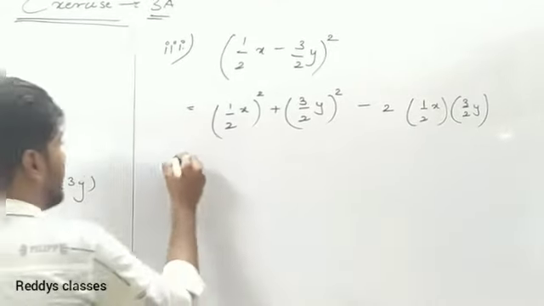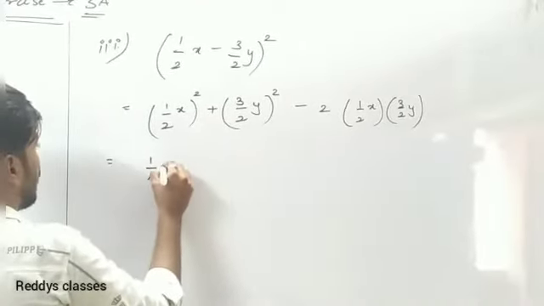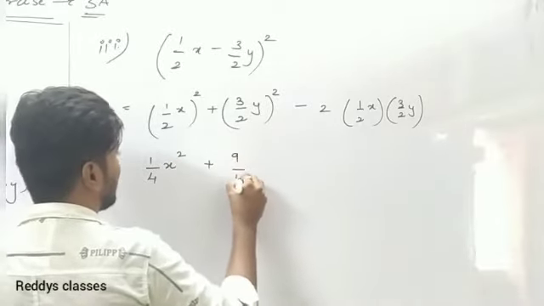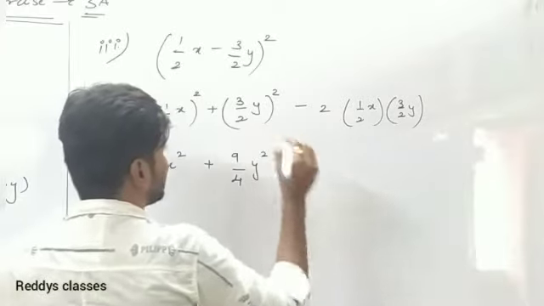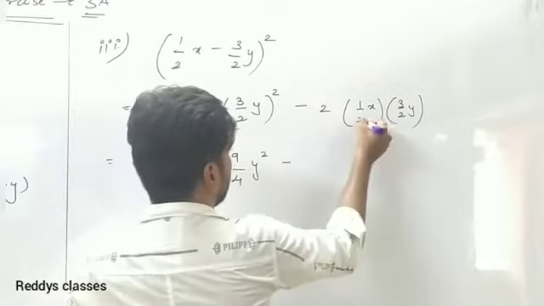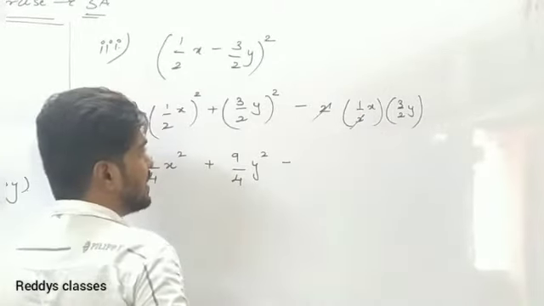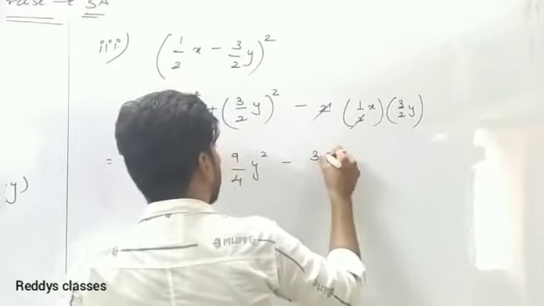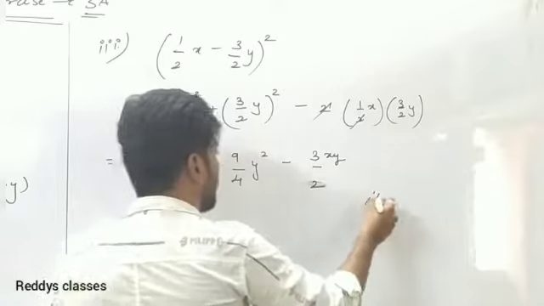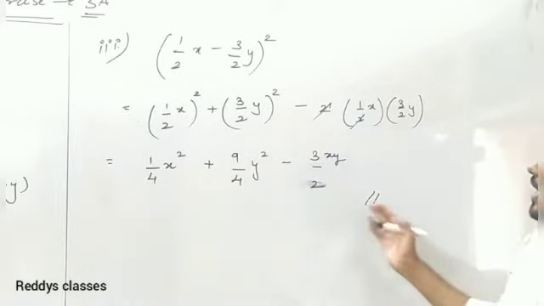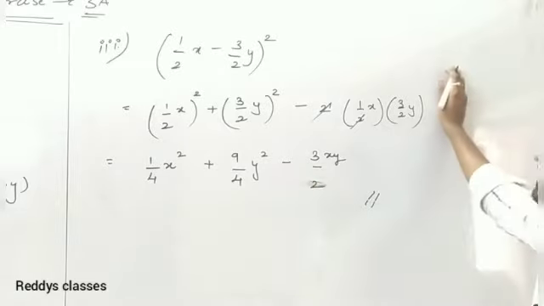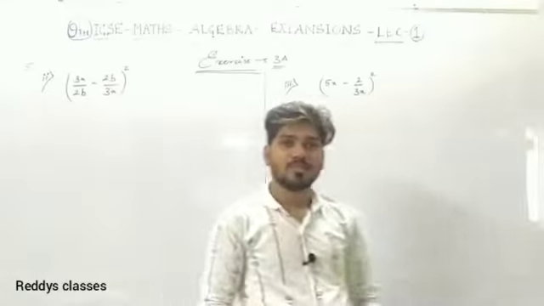So let us start solving. 1 square is 1, 2 square is 4, x square, plus the square of 3 is 9, 2 square is once again 4, y square, minus 2, can I cut this 2 and this 2? Yes, I can. 3 into xy, 3xy upon 2. We got the answer: 1 upon 4 x square plus 9 upon 4 y square minus 3 upon 2 xy. That's it. So let us start the next question.